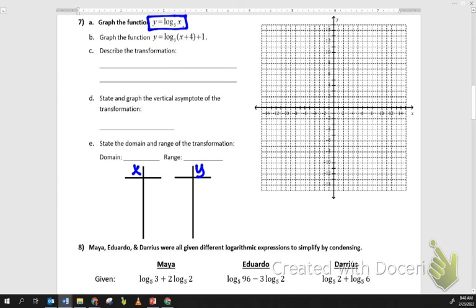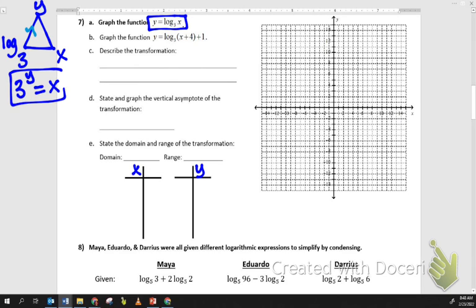So when I'm graphing logs, sometimes it helps me if I can rewrite my log as an exponential rule so that it's a little bit easier. So if I rewrote that, I would have log base 3 of x equals y, which would be the same as 3 to the y equals x.